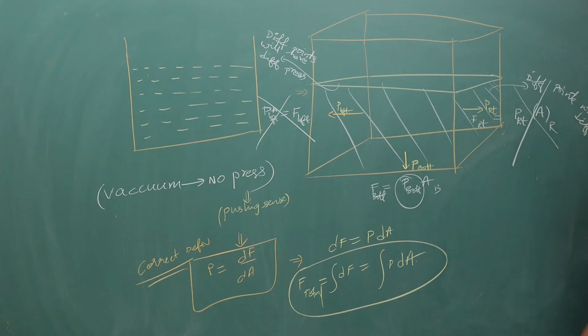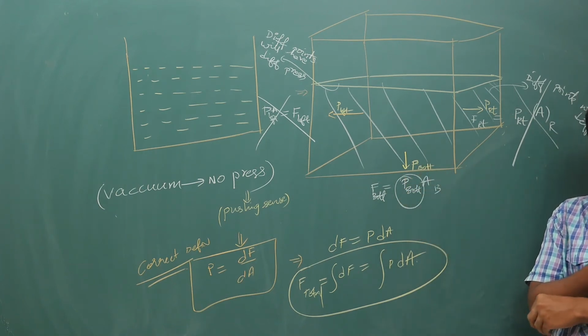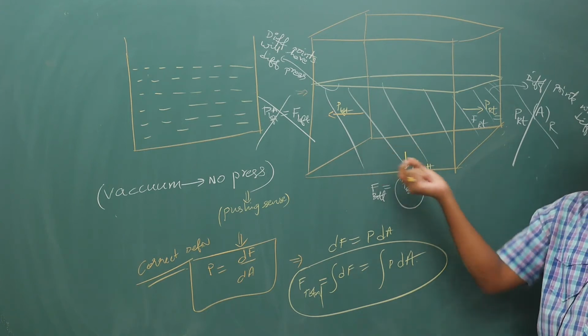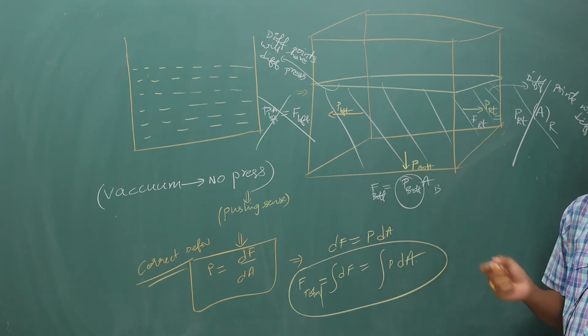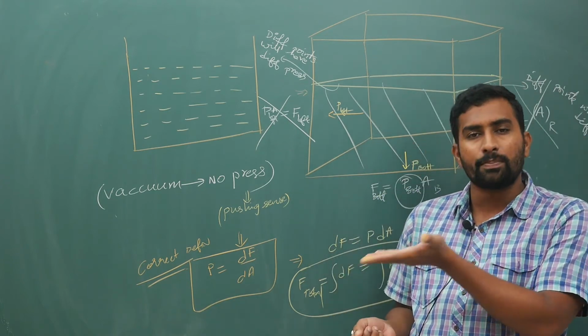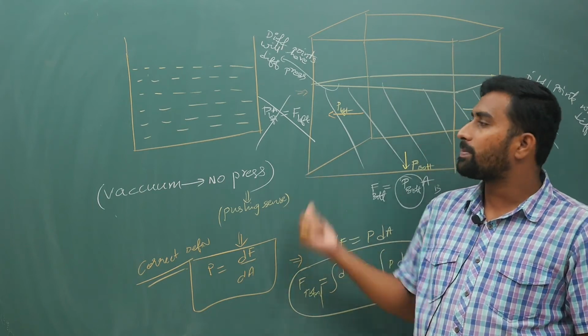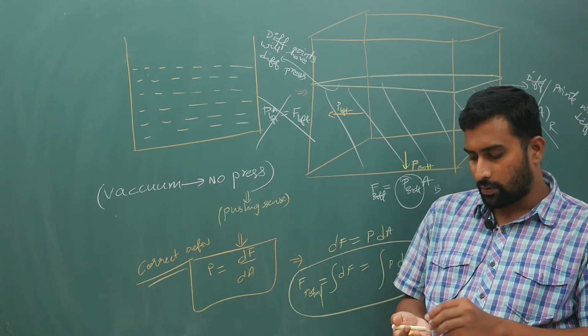Whereas for the bottom part there will not be much issue, because everywhere your pressure is constant. Usually your pressure will be constant at that particular height, but as you keep changing the height up or down, your pressure will keep changing. Getting my point?